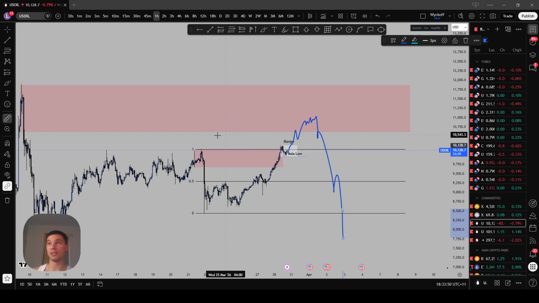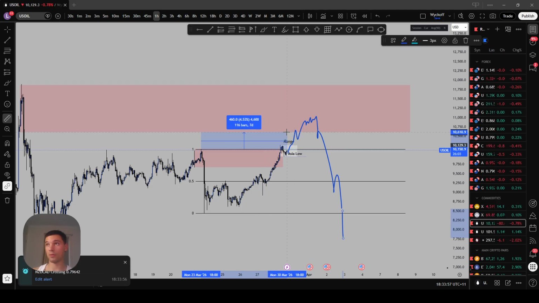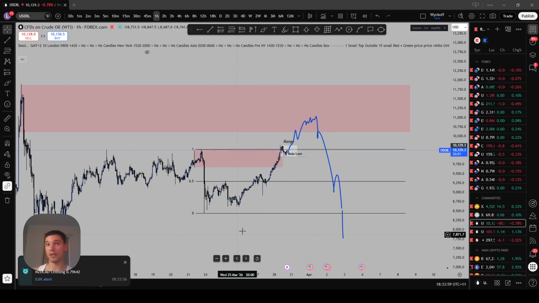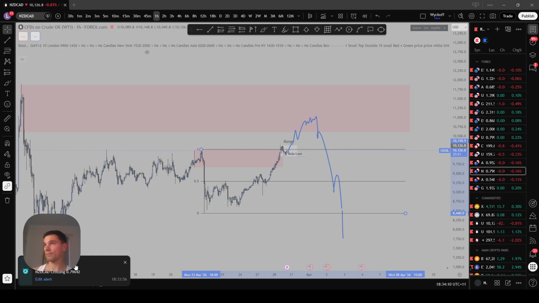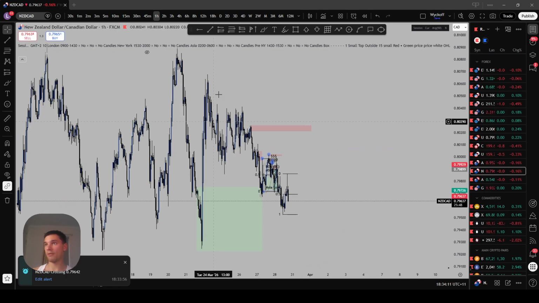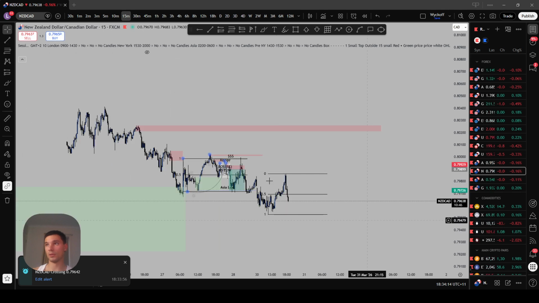And what I do like about this is that this range has been building up for a while. Yeah, seven-day range, and NZD against the CAD is now forming that range that we did speak about earlier. But that's my pre-planning for oil, and the pre-planning here is an accumulation.